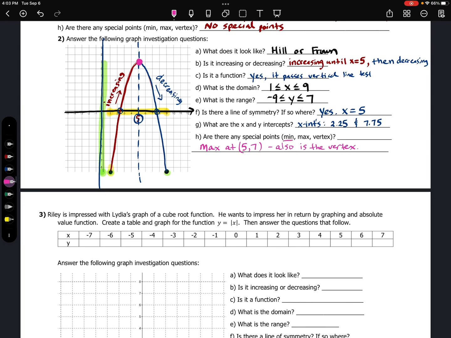Actually, let me explain there. I didn't explain mins versus maxes. Min means minimum or lowest point. Max stands for maximum, and that is our highest point.